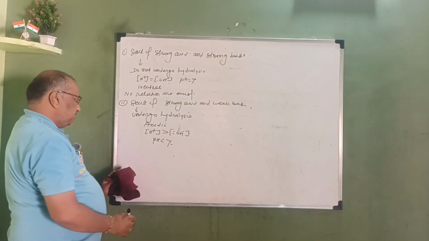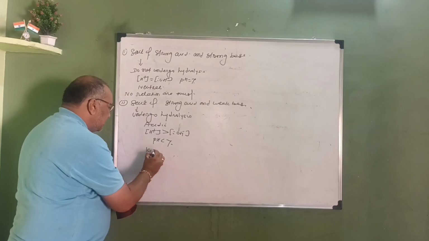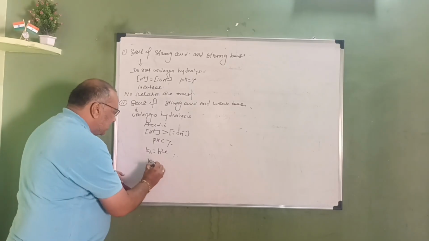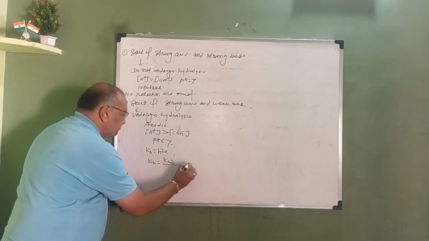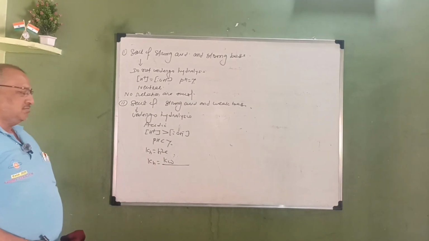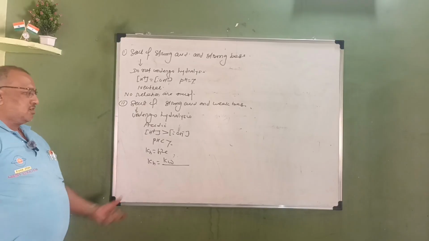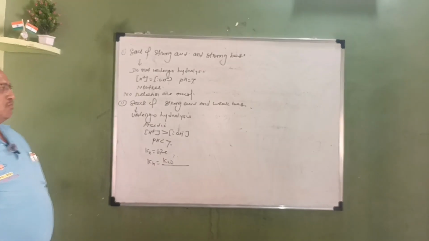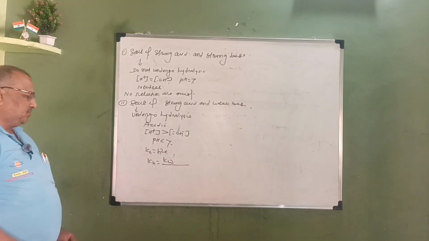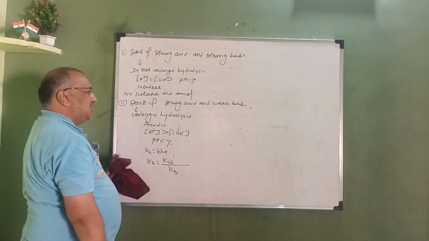Now here first relation is Kh is equal to h square C. Second relation is Kh is equal to Kw upon Kb. Kw is same in all derivations. Now tell me the species which is present in the denominator. Here base is weak, so we take the dissociation constant of base in the denominator.